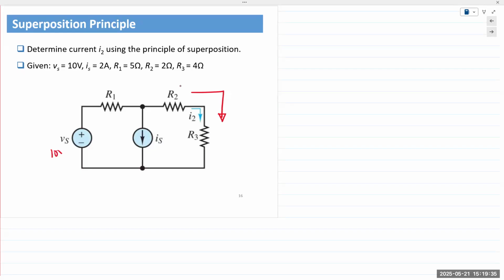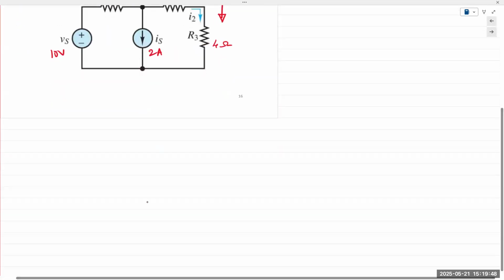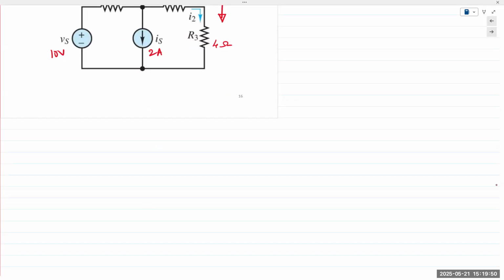This is given as 10 volts. IS is 2 amps. This is 5 ohms. This is 2 ohms. And this is 4 ohms. Okay.